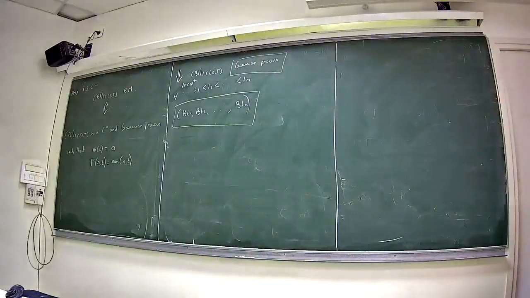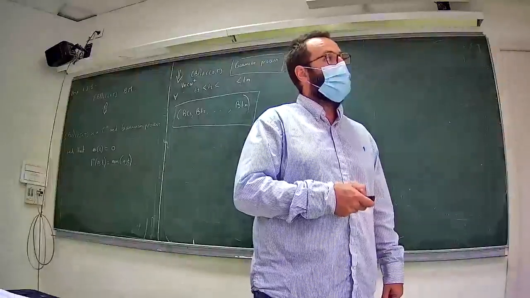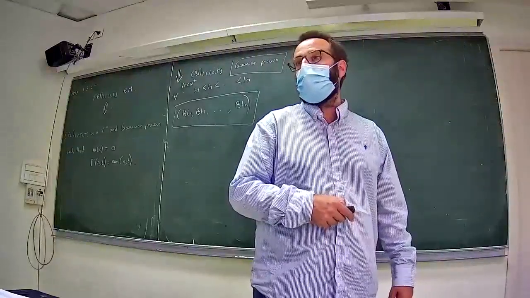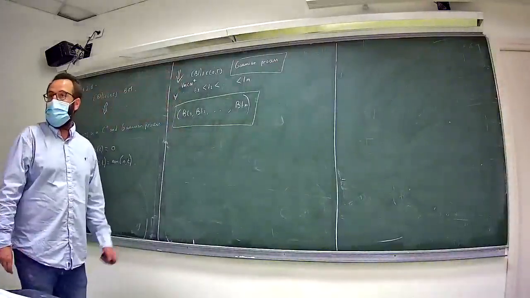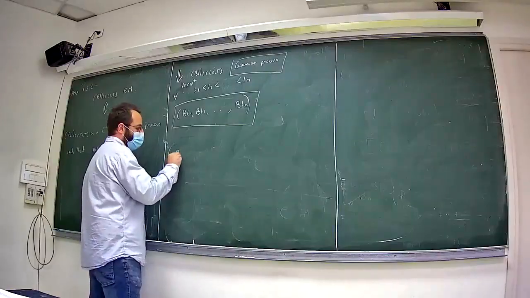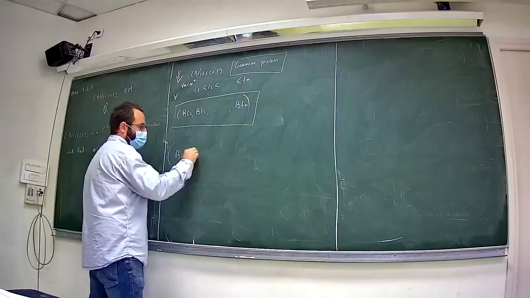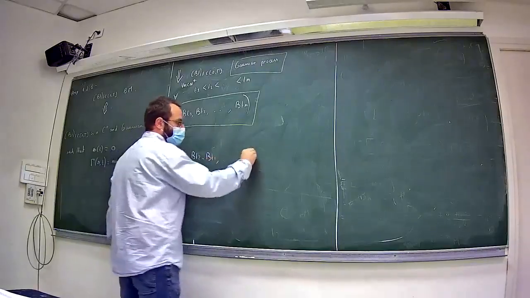And I have a lot of independent random variables here, because in the definition of a Brownian motion, the increments are independent. So I am interested in this vector, and I have a vector that is for sure a Gaussian vector.